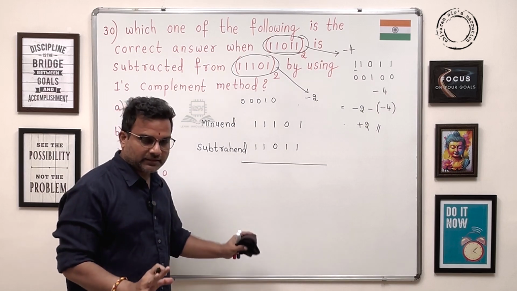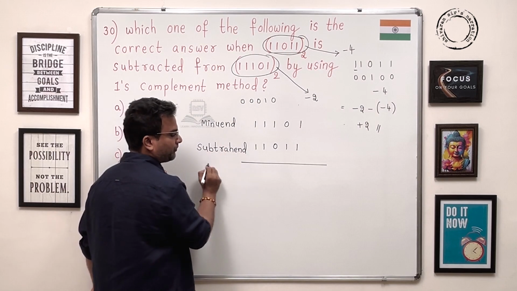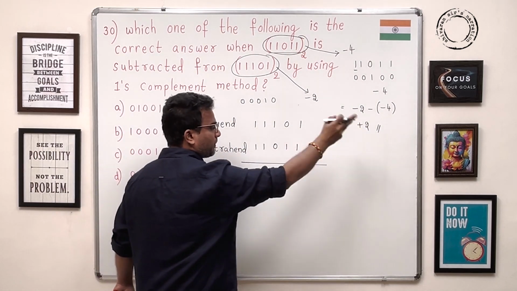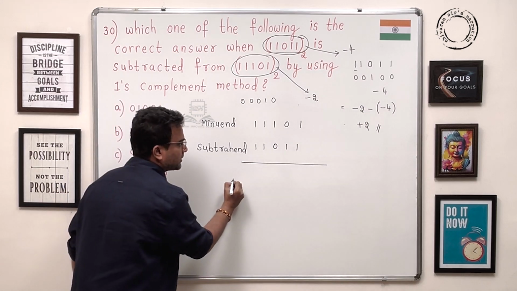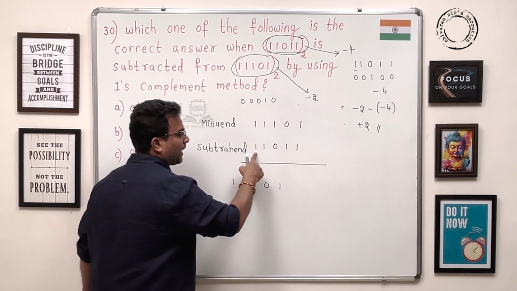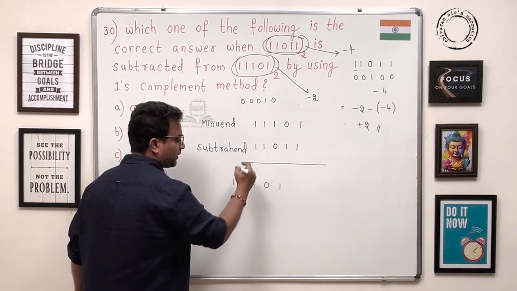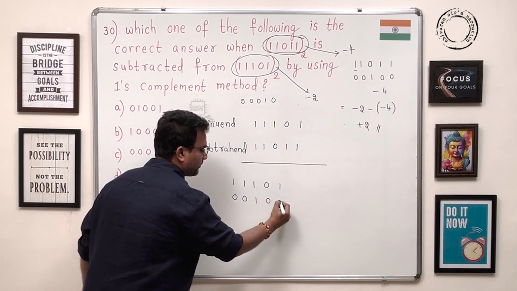They asked us using the subtraction using 1's complement. The procedure is simply you convert this Subtrahend again into 1's complement and you can add it. That's it. So let's take this 11101. If you apply 1's complement here, you will get 00100.